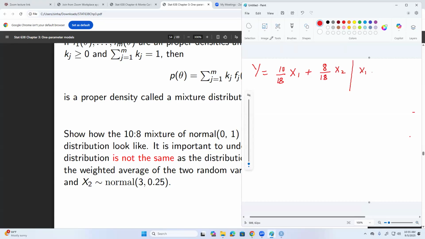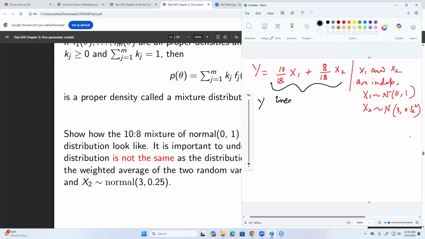Let's say x1 and x2 are independent, and x1 follows normal 0, 1, and x2 follows normal 3, 0.5 squared. So y is a linear combination of Gaussian random variables.